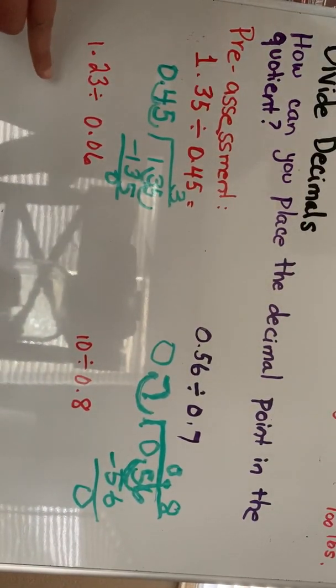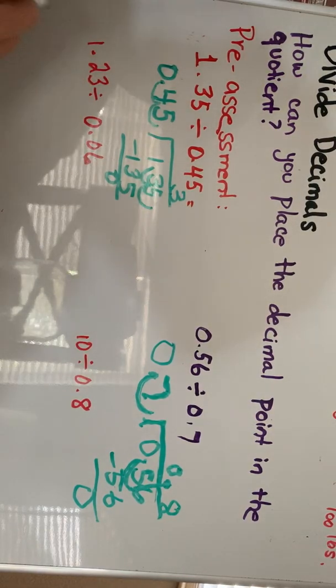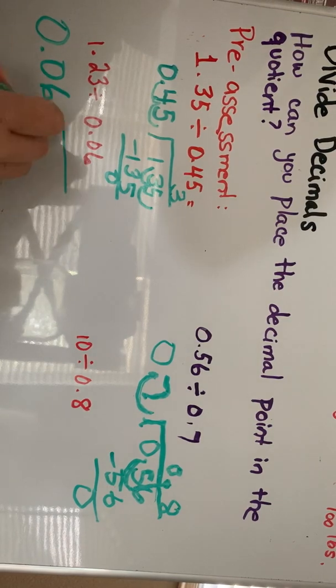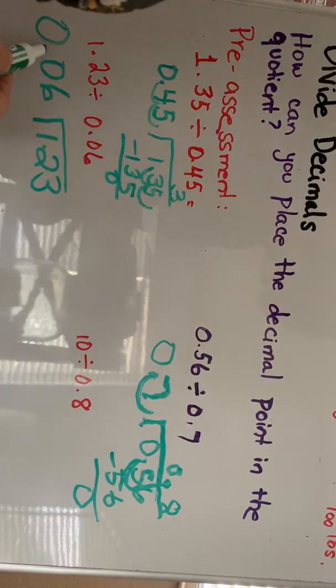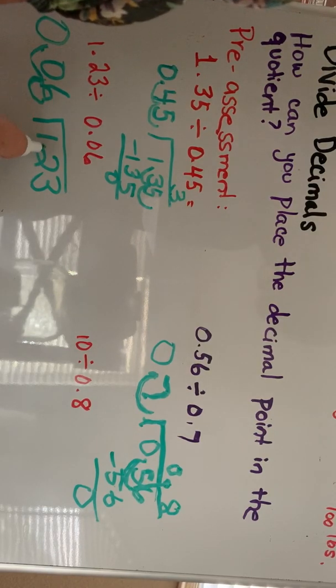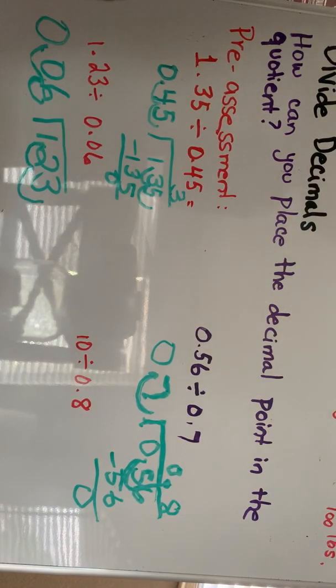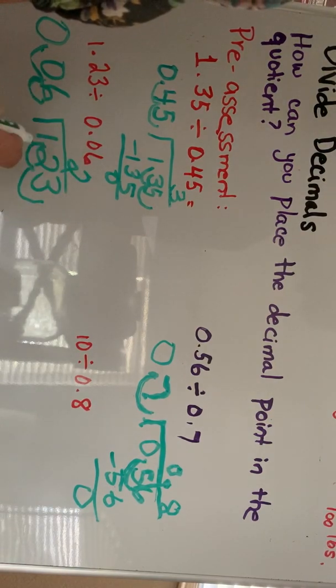Okay, and then this one I am dividing and I have zeros in my divisor. Okay, so again, the divisor is going to be on the outside and the dividend on the inside. Okay, what do I do here? I got to move my decimal 2 times. Do you see that? Multiply it times 100. So 1 and 2. Because I did it there, I got to do it here. 1 and 2. Now I got rid of that decimal and I can divide normally. Okay? 6 goes into 12 2 times. 2 times 6 is 12.